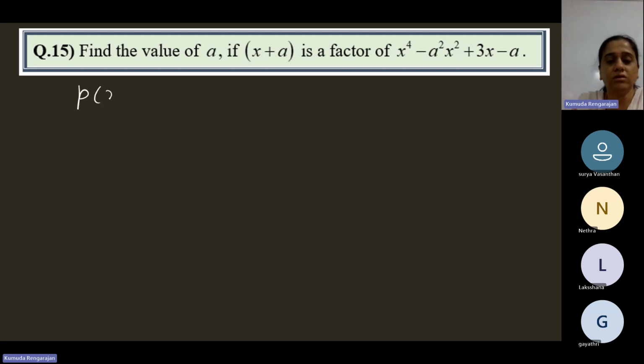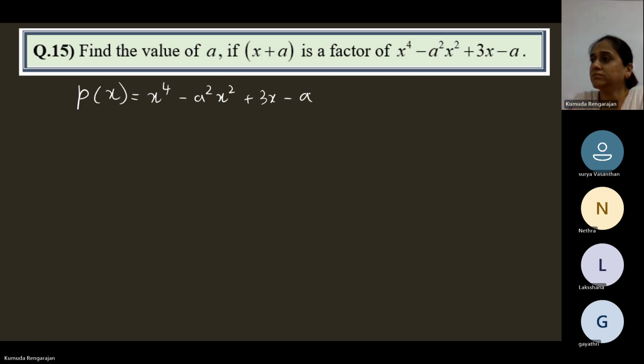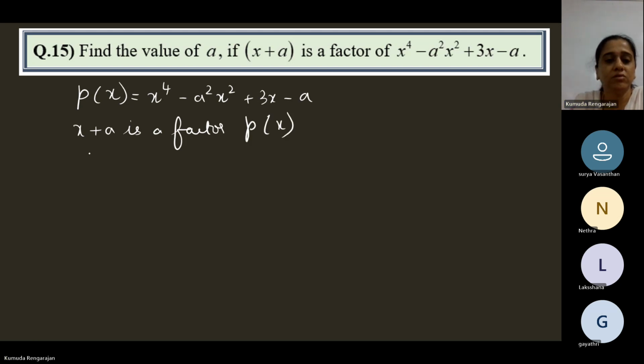So we'll call the polynomial P of x to the power 4 minus a squared x squared plus 3x minus a. All right. Now it's given x plus a is a factor of P of x. So x plus a is equal to 0 implies x is equal to minus a. So this means what?